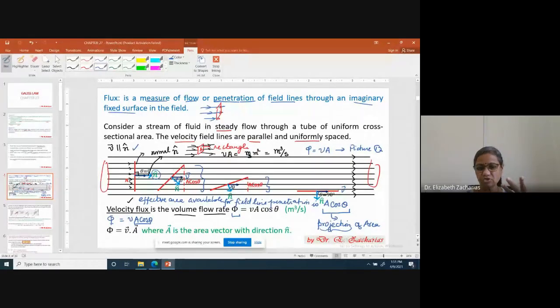Now I want you to recall vector algebra. You must have been introduced to the concept of cross product in your intermediate days. Do you remember what is physically cross product?